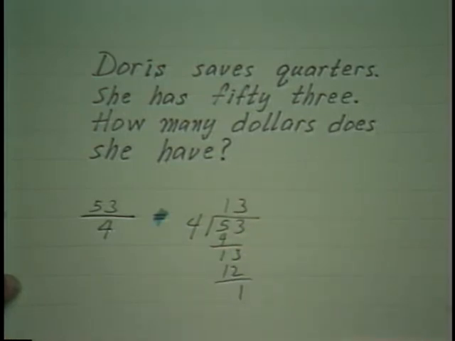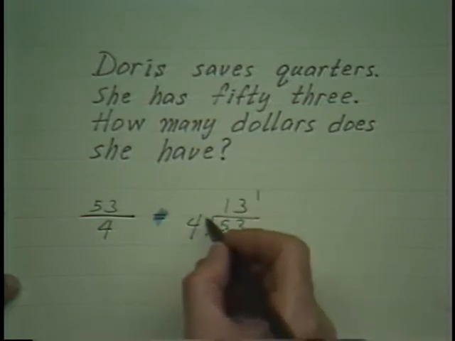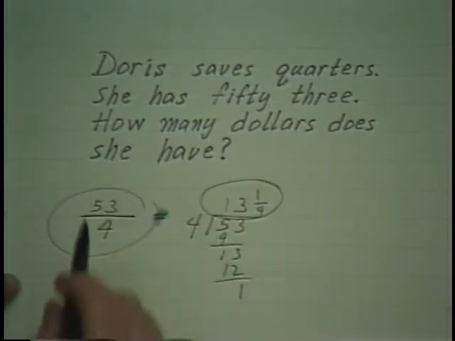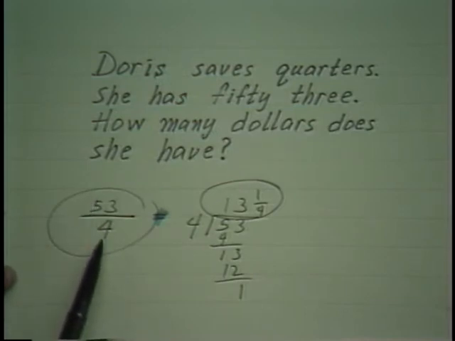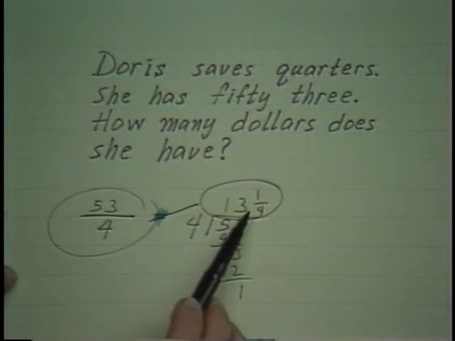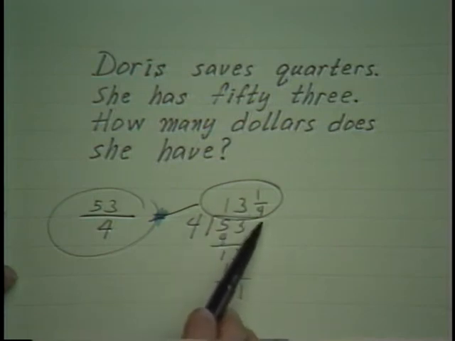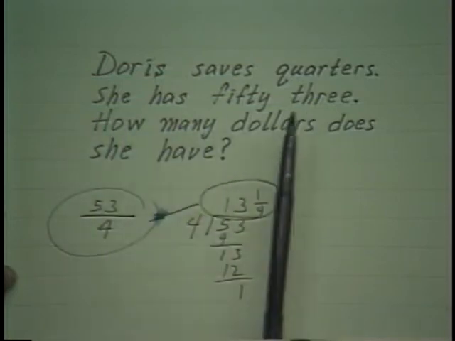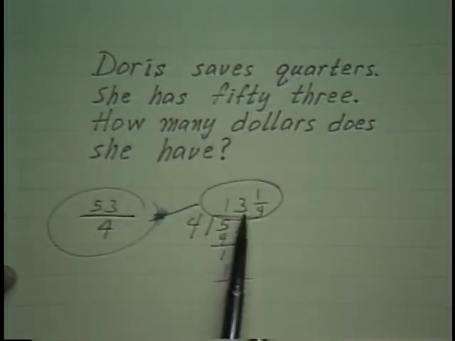Remainder of 1, which I write over the divisor. And this says that 53/4 of a dollar is 13 whole dollars and 1/4 left over. So the answer to our question, how many dollars does she have, is the whole number part, the whole bit, which is $13.